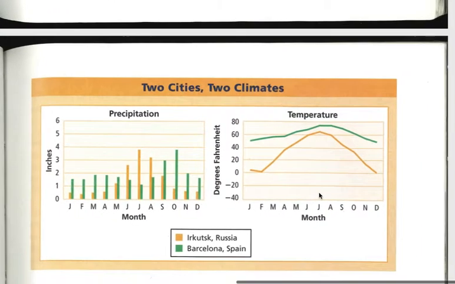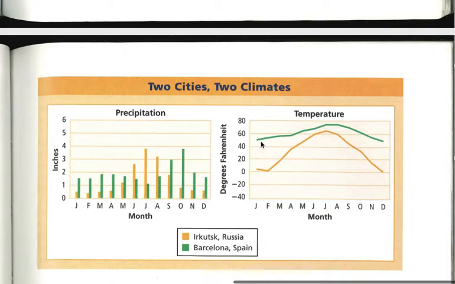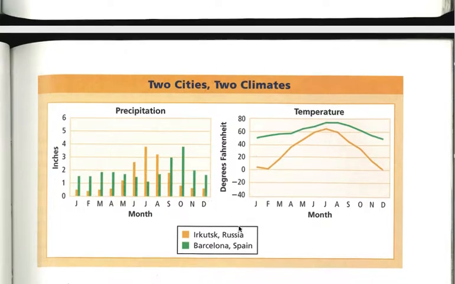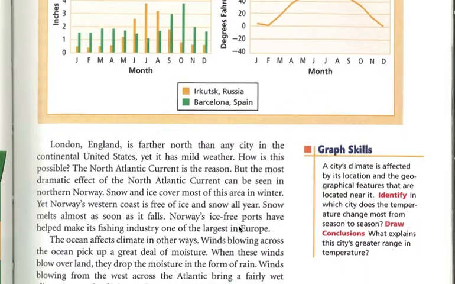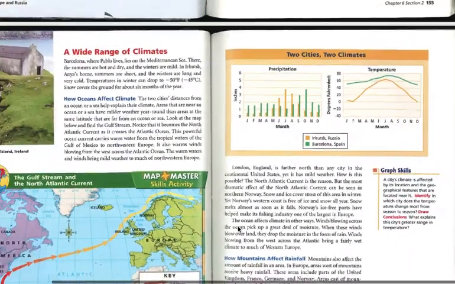Looking at the temperatures, you can see Barcelona stays pretty steady between 70s and 80s, whereas Irkutsk is at 0 a lot of times. We'll get up to the 60s, not quite the 70s, and then back down to the 0s. Most of you would rather live in Barcelona, I'm sure. I would.